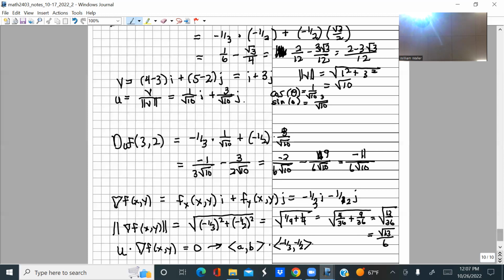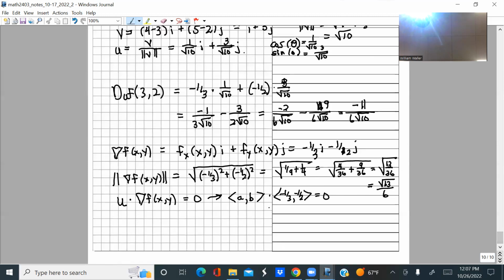So when you take that dot product, you've got to get 0. So let's write down what this is going to be. We have minus 1/3 times A minus 1/2 times B has to be equal to 0. So any suggestions for A and B that will make that true? Can you solve that by inspection?